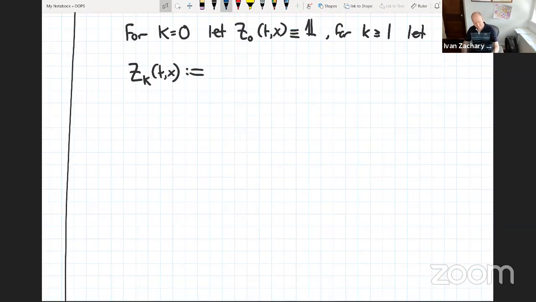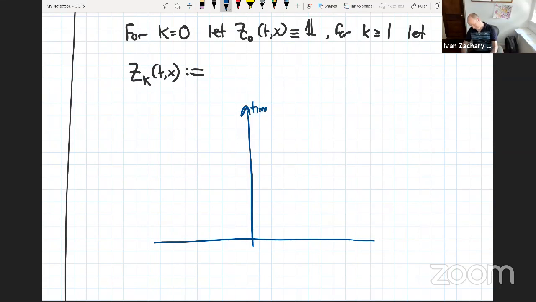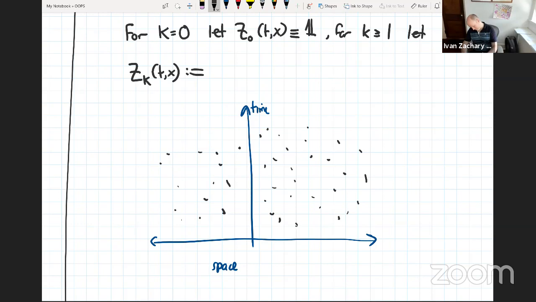So we're going to imagine the following. We have time and space, and we have space-time white noise, which, of course, is not a Poisson point process, but I'm imagining it's something like a Poisson point process. Of course, it's some sort of weak limit of that.